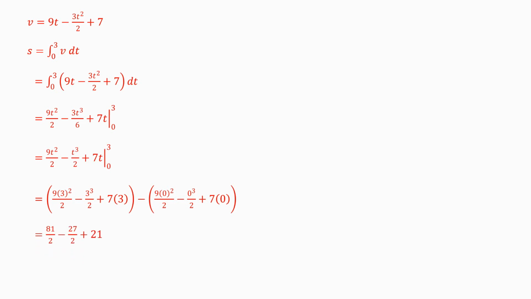This gives us 81 over 2 minus 27 over 2 plus 21 minus 0, which we disregard. And once you simplify this, you obtain 48 meters. So the particle traveled for 48 meters before the particle attained the maximum velocity.